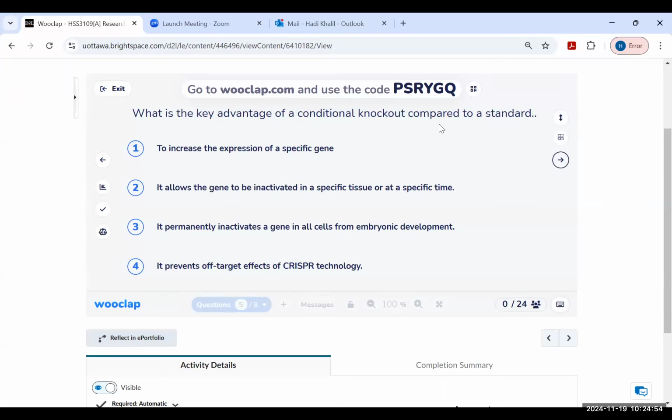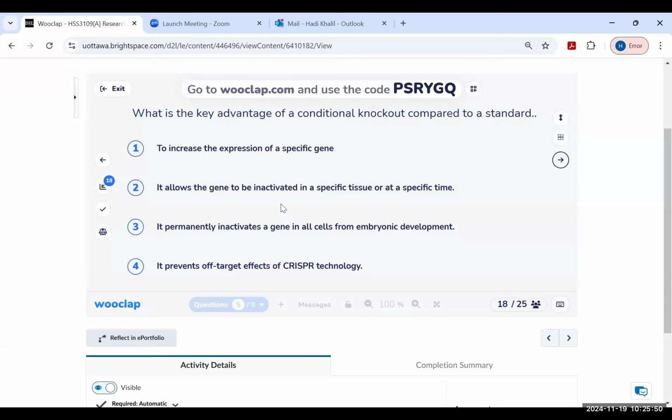What is the key advantage of conditional knockout compared to a standard knockout? Okay, so is this to increase the expression of a specific gene?